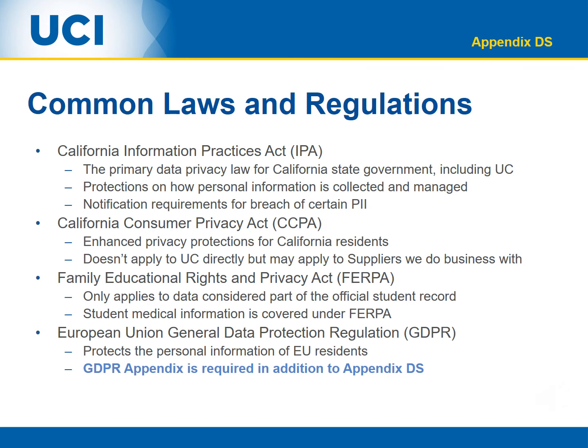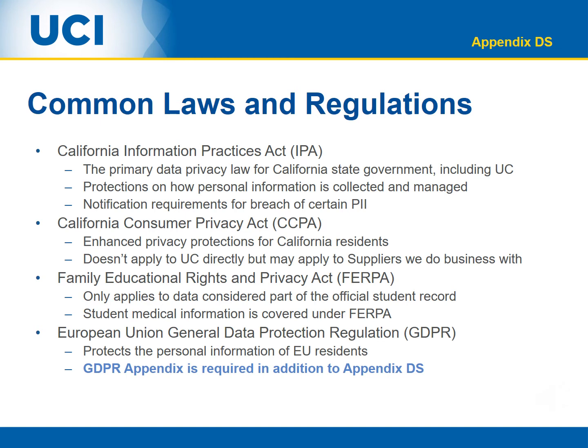So the common laws and regulations that we deal with, number 1 is the California Information Practices Act. And this has been around since 1977, and there's a constitutional requirement in California that the state is required to protect any data that it collects about individuals, and that includes UC since we're a government entity.